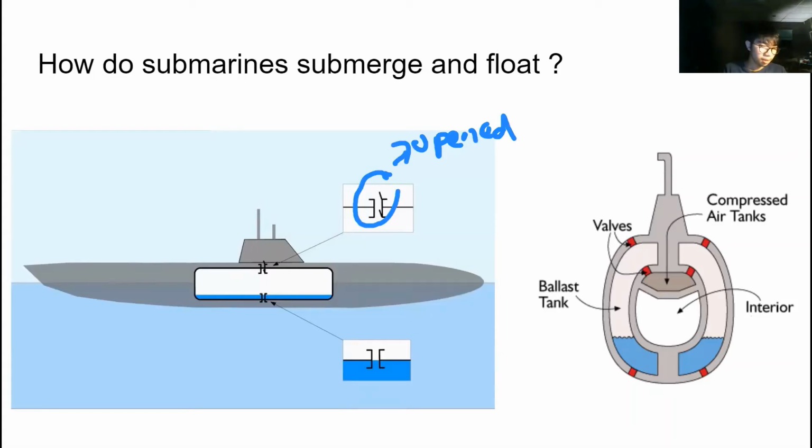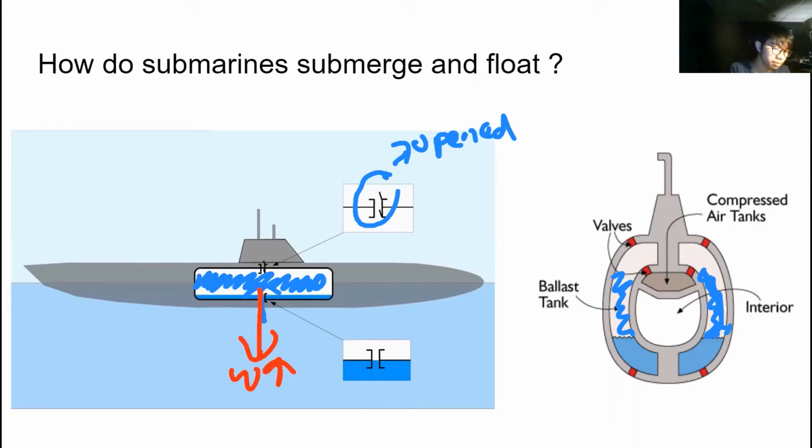And the water will be forced into the ballast tank through the hole and fill the ballast tank, just like this. As water fills the ballast tank, the weight acting on the submarine will increase, but the buoyant force remains constant.